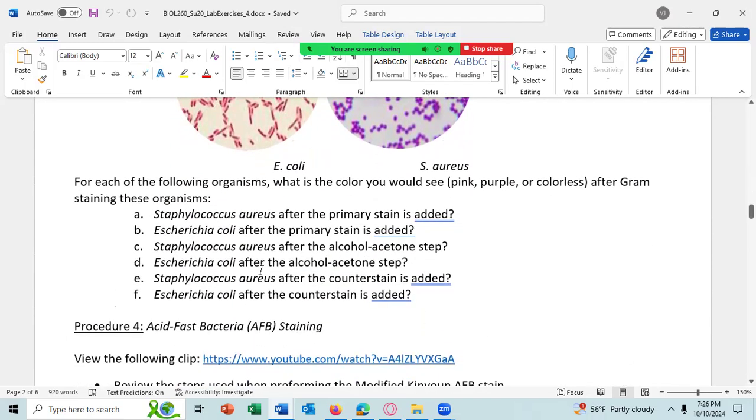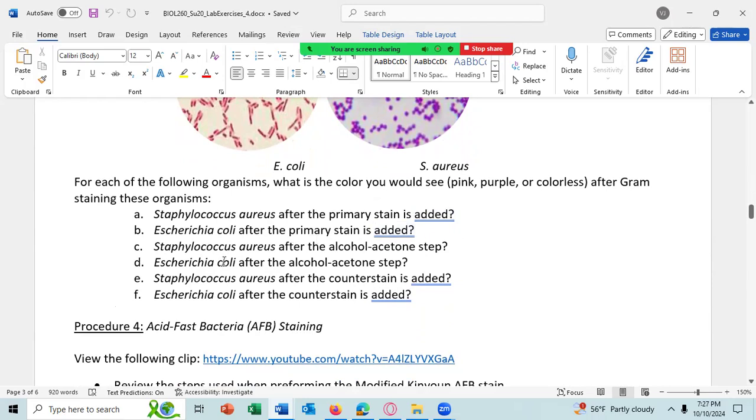And then answer these questions. For each of the following organisms, what is the color you would see: pink, purple, or colorless after the step in the Gram stain. A, Staphylococcus aureus, after the primary stain is added, what color is it? Put it there. B, E. coli, after the primary stain is added, put it there.